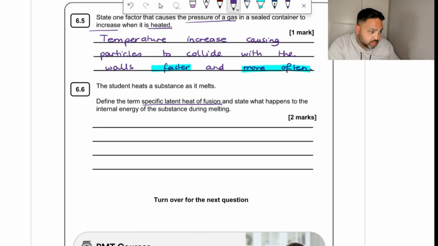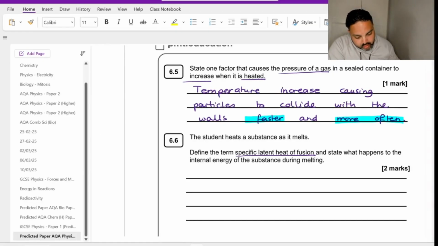Now I'm going to do two things. I'm just going to put the definition, or the answer, on because it's a bit bulky.